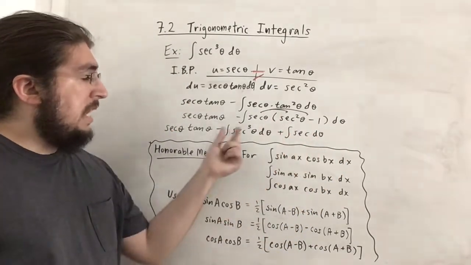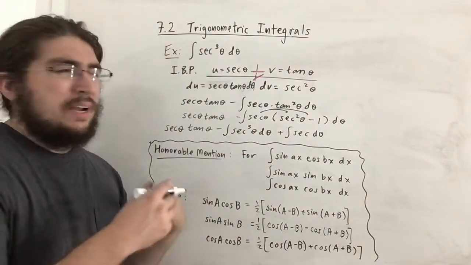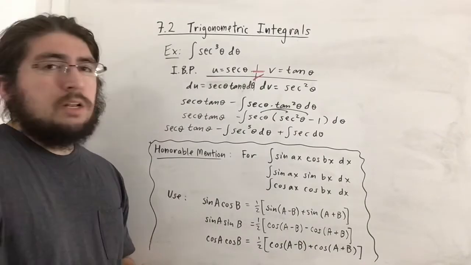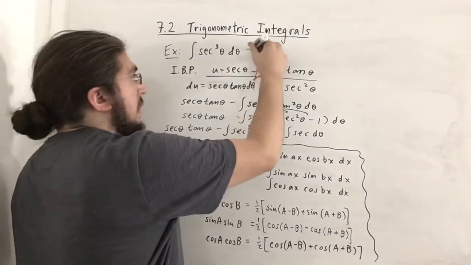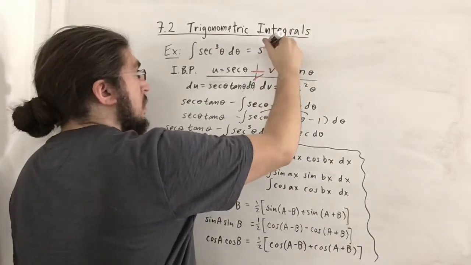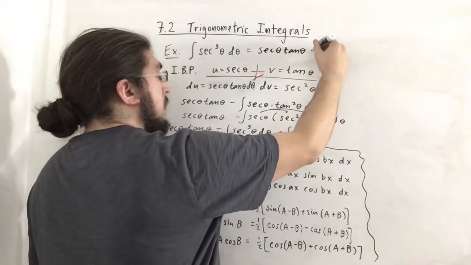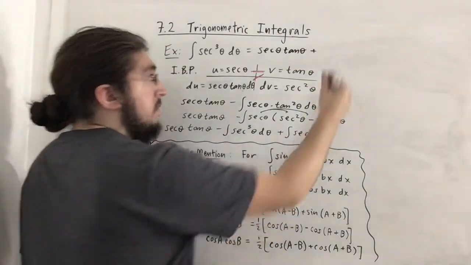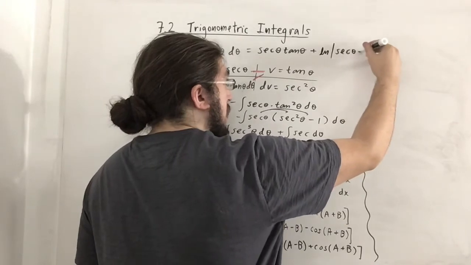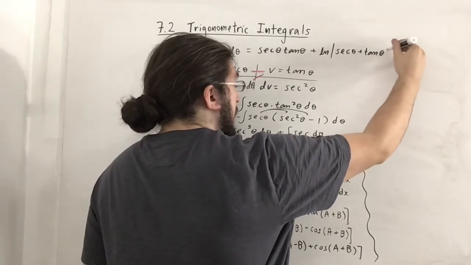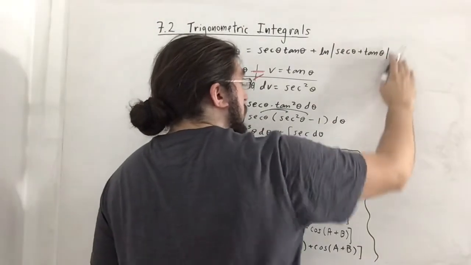So we know this, it's something that we saw a little bit in 7.1. So I'm going to say that this is actually equal to secant theta tangent theta, plus the integral of secant, which is ln of the absolute value of secant plus tangent, and then minus the integral of secant cubed.